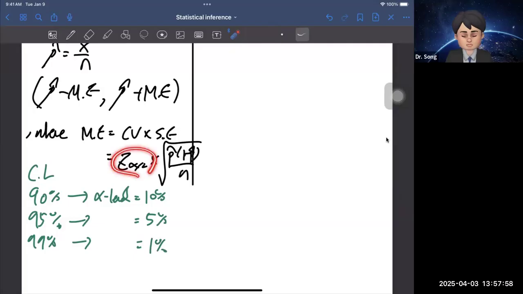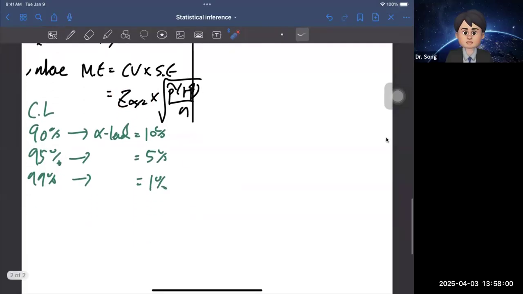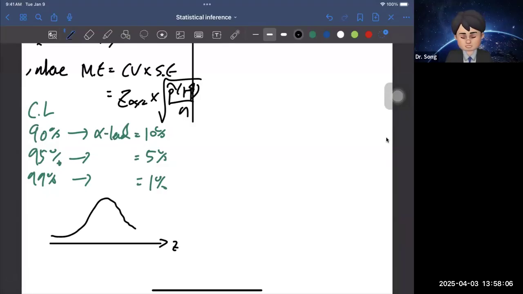But as you notice the notation here, z alpha over 2, then you can come up with the standard normal distribution like this, with the center equals 0 and standard deviation equals 1. For example, you want to construct a 95% confidence interval, and you need to calculate the z alpha over 2. In this case, the alpha is 5%, then the alpha over 2 is 2.5%, 0.025.